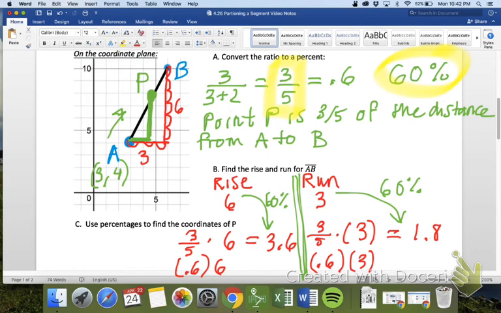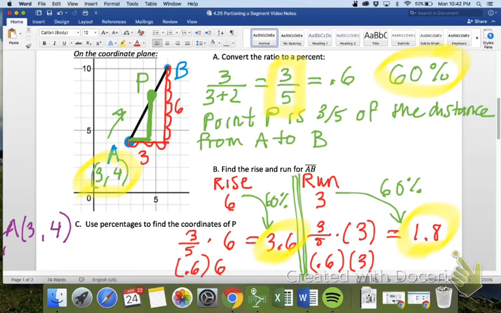Now, to get those precise coordinates of point P, I'm going to need to add the rise and the run that I got to the coordinates of point A. So, just picking a new color, I'm going to do this off to the side. We had our old point A, which was 3, 4. So to the x value, I need to add the run, because that's the x distance, the horizontal distance.